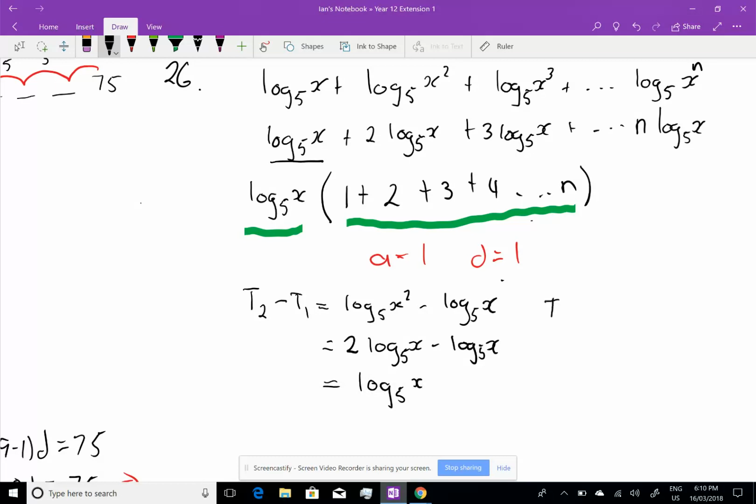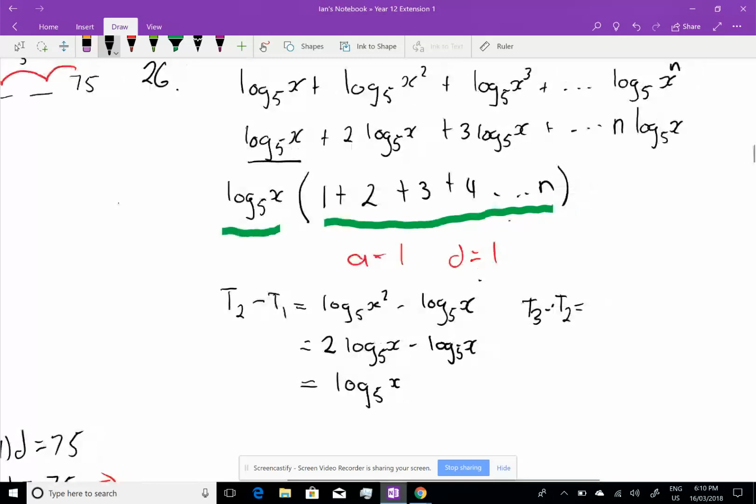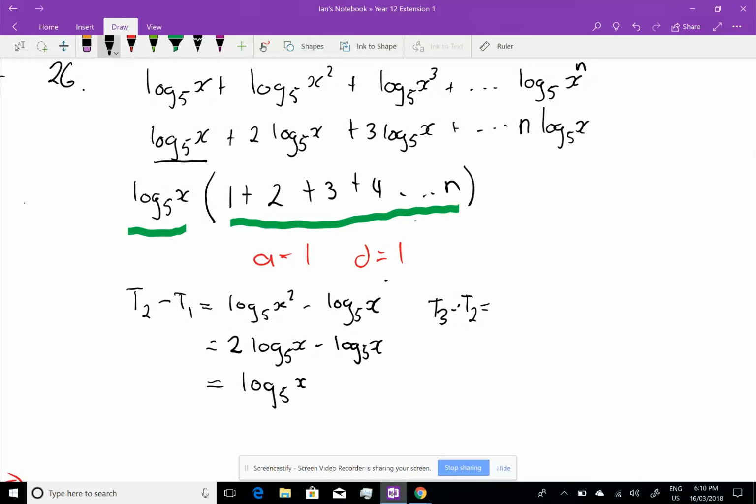And if I do the same, t3 minus t2, I'll get log 5x cubed minus log 5x squared. Pull the 3 out the front, I get 3 log 5x minus 2 log 5x, which gives me 1 log 5x.